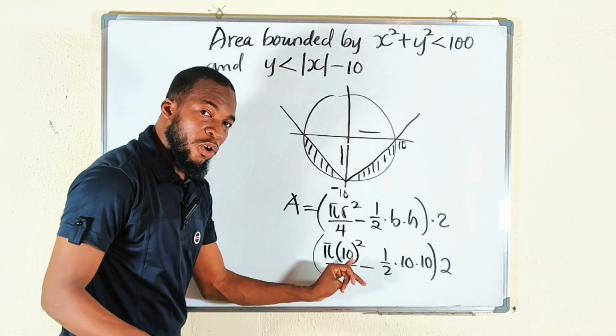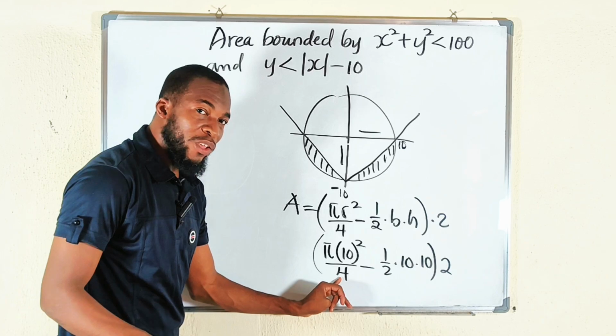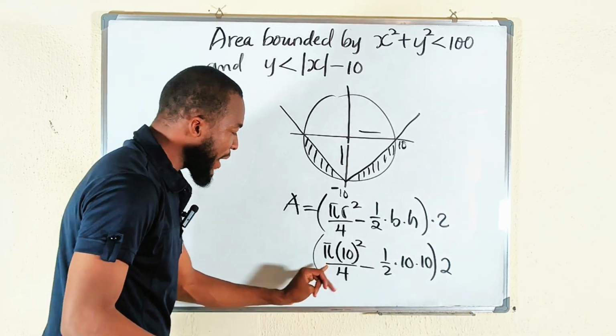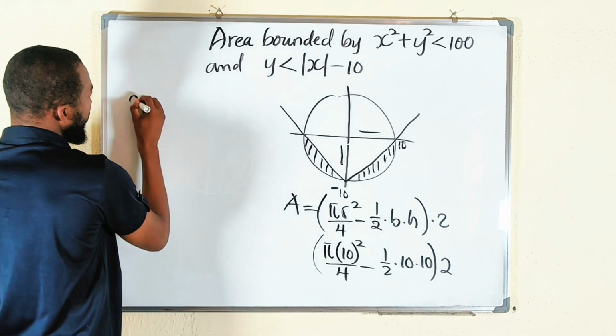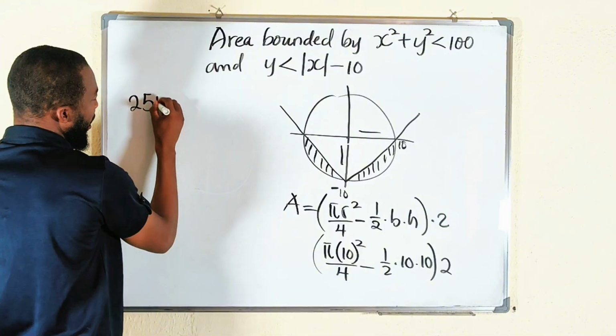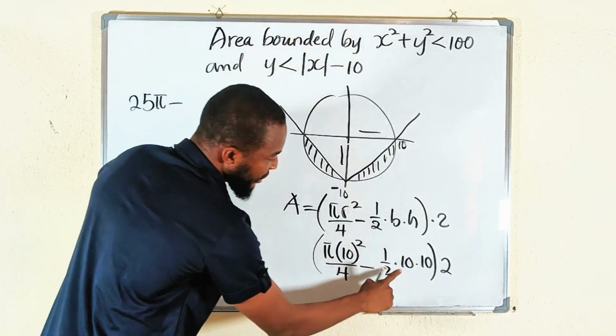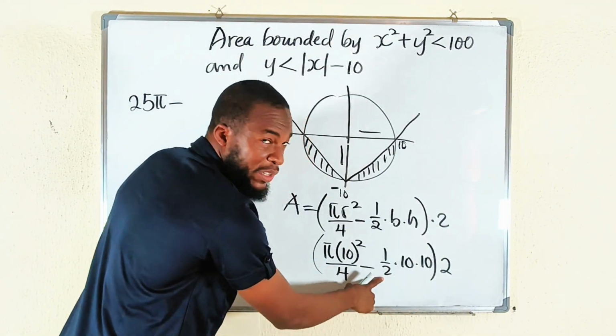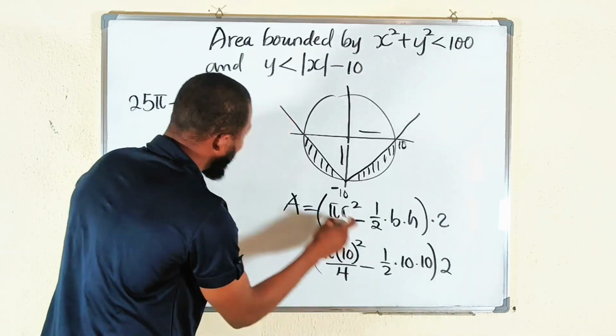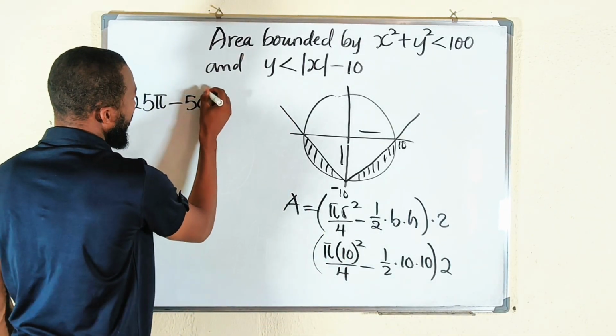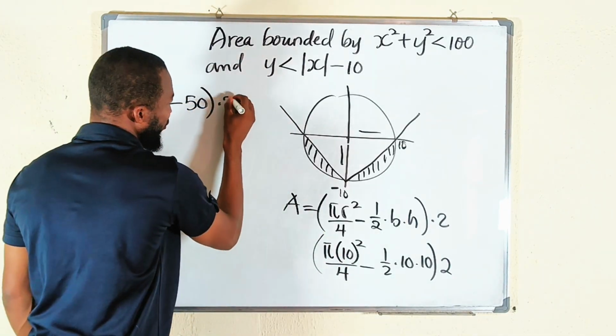Ten squared is 100, and 100 divided by 4 is 25. So we have 25 pi minus, this is 100 divided by 2, which is 50, then multiplied by 2, remember.